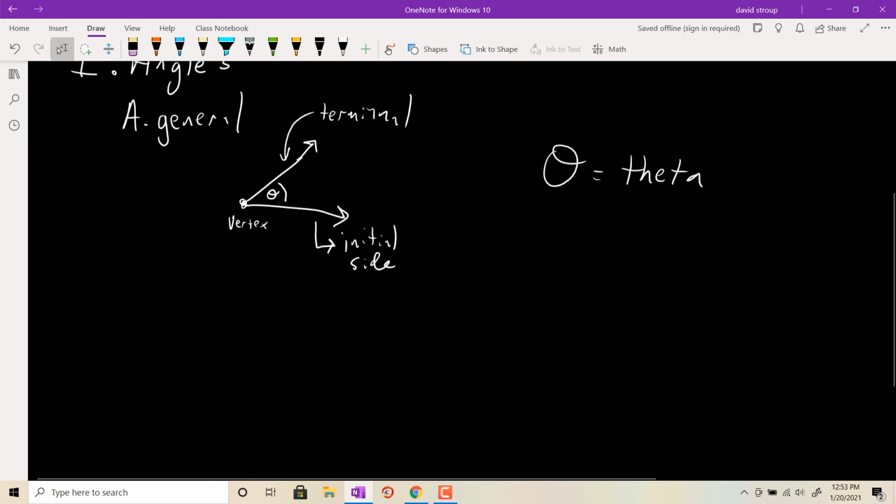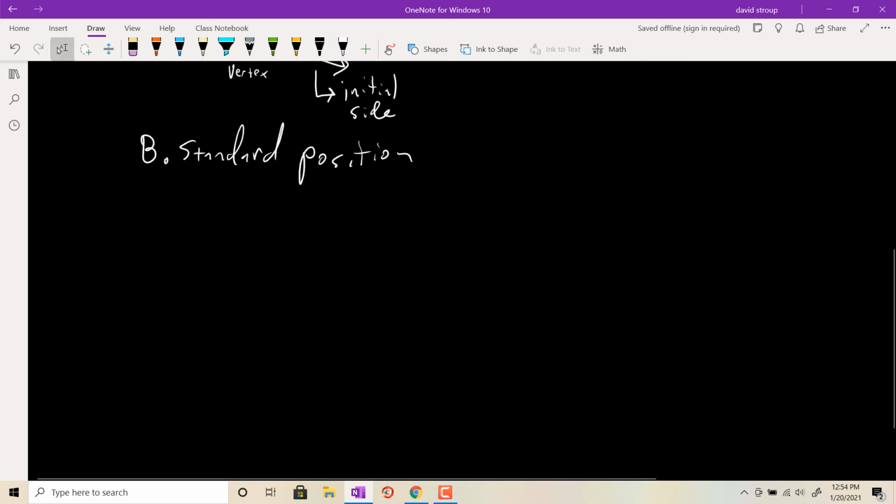We're going to want to standardize the angle. We don't want it just floating around in the plane. We're going to put it in the XY plane in particular, in what's called a standard position. We're going to put the initial side on the positive x-axis.